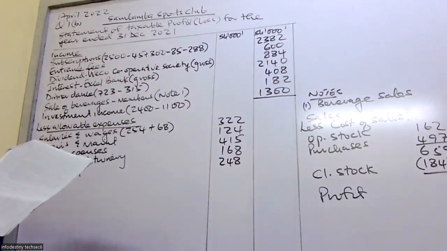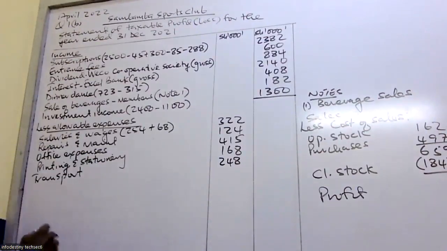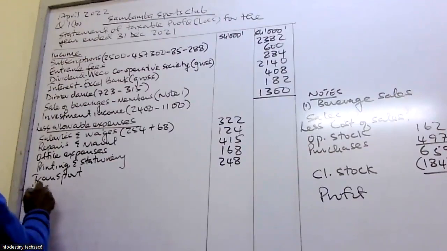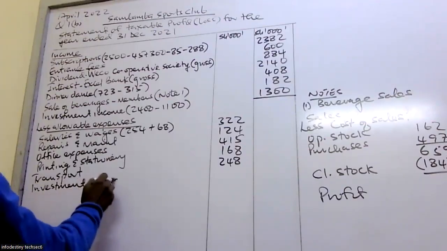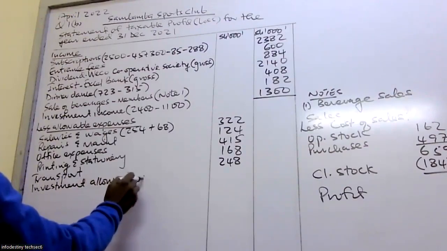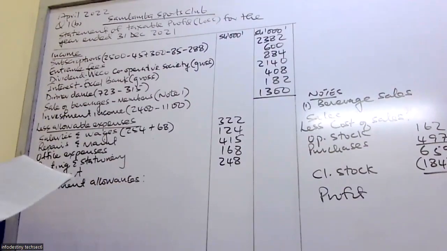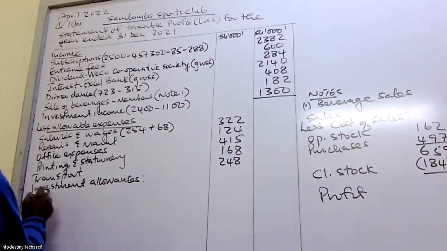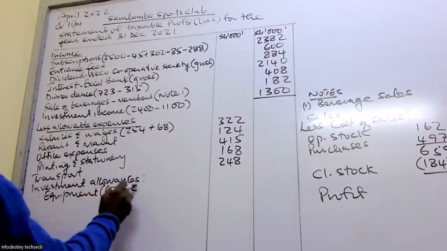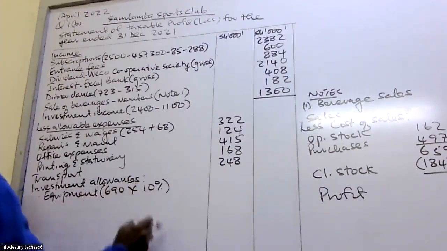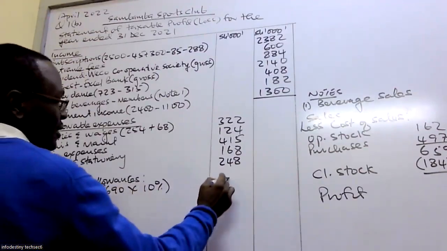Okay, so what remains now is to claim investment allowances. They bought new equipment of 690, equipment at cost. Equipment is 690, you get 10%, that's simply other equipment is 69.